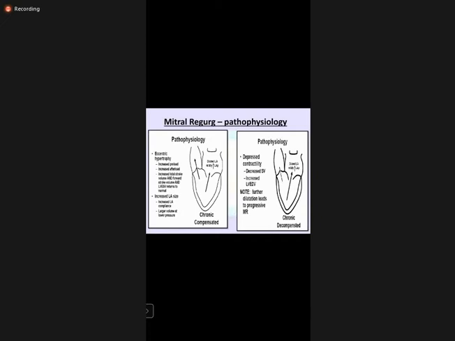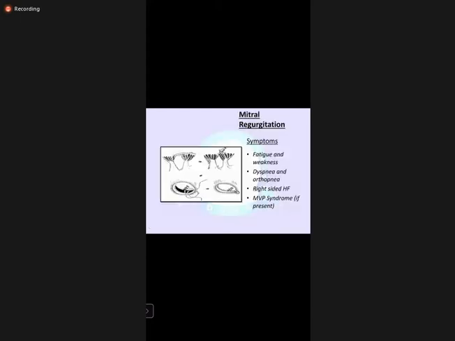But with time, a chronic decompensated type of heart failure will occur with depressed contractility of the left ventricle, decreased stroke volume, and increased left ventricular end-diastolic volume. Further dilatation leads to progressive MR. So symptoms of mitral regurgitation include fatigue and weakness, dyspnea and orthopnea, and right-sided heart failure.